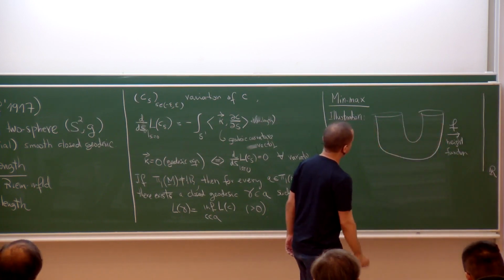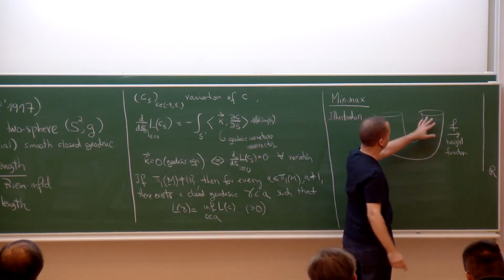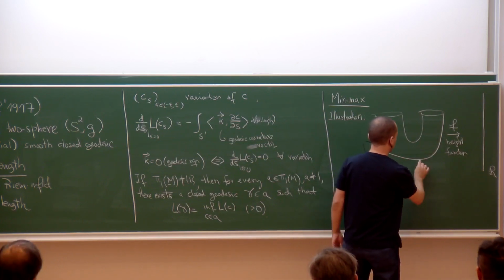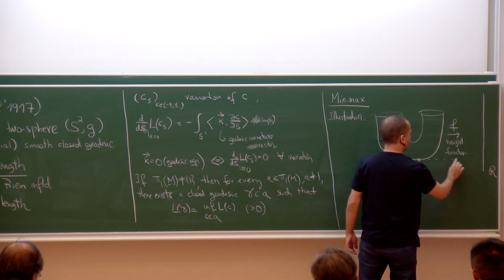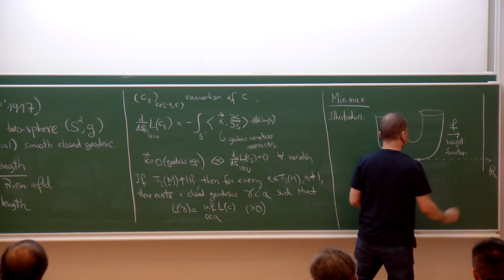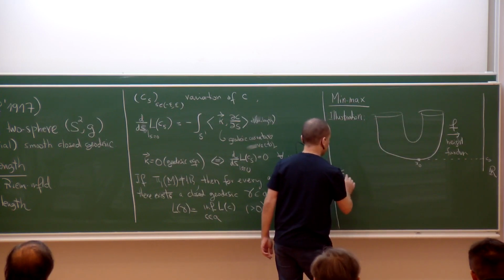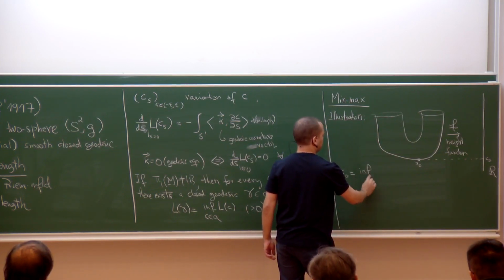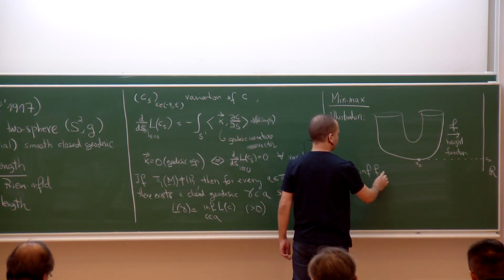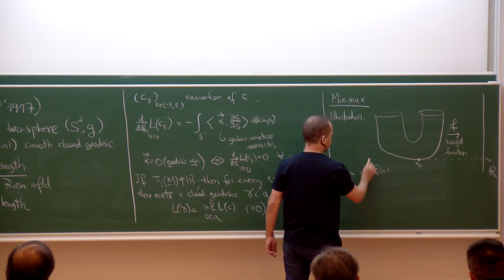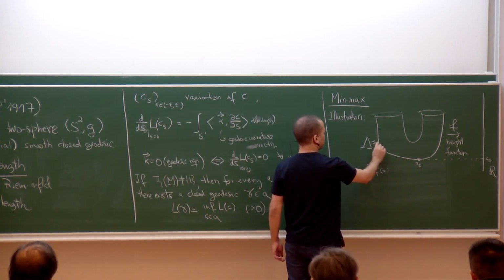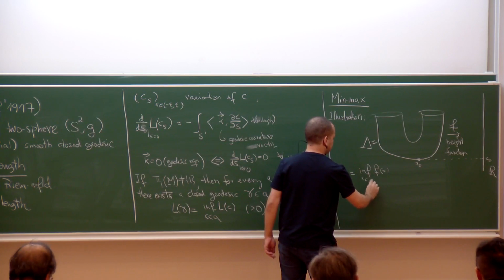Then I'd like to find critical points of the height function over the surface. Of course, there's a point here, x naught. It is the minimum point of f, so the critical value c naught is just the infimum of f over x in the surface, say lambda.